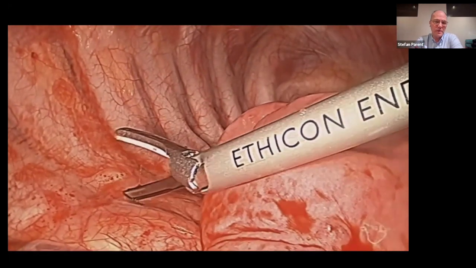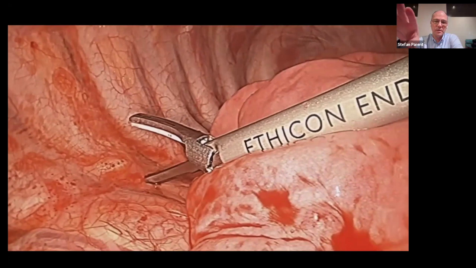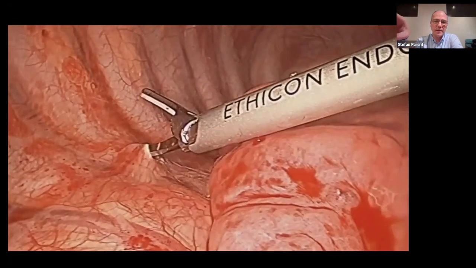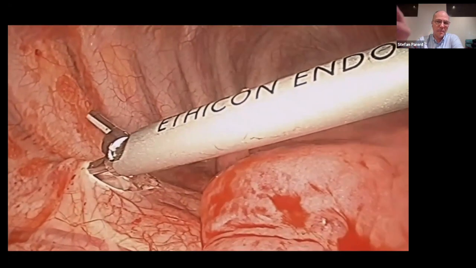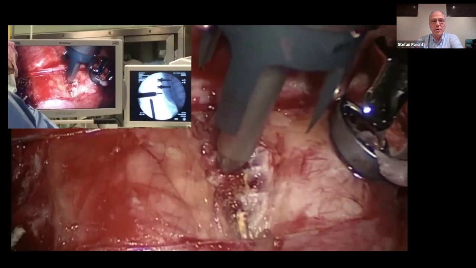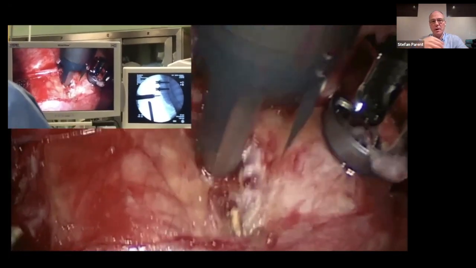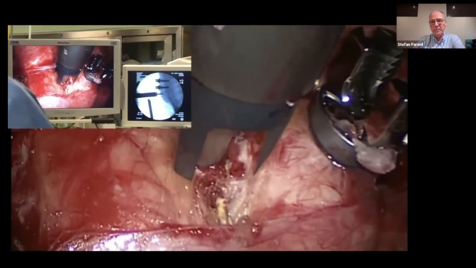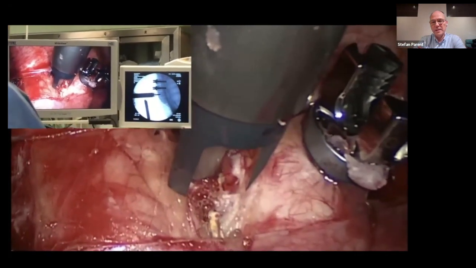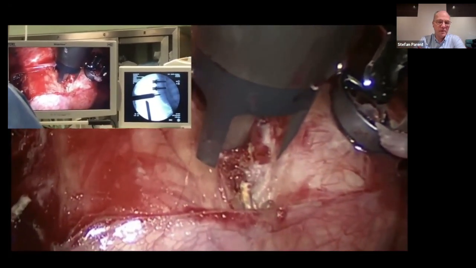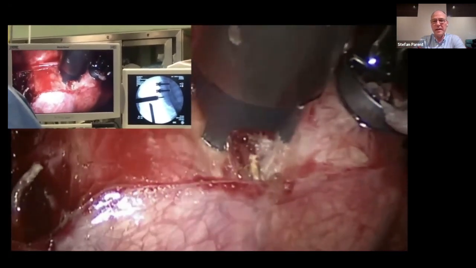But here we expose, so on your right there's the lung that's deflated, and the top part is your head, and you're coming in through ports so you can implant a staple. This is old material that was pre-FDA approval.